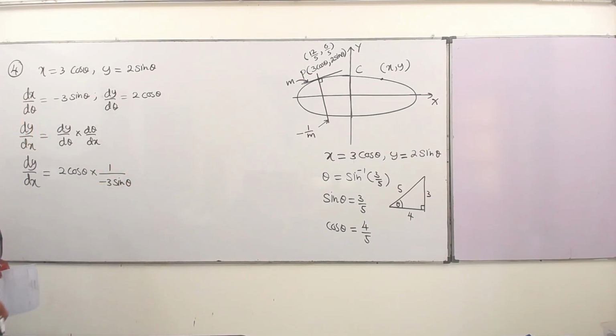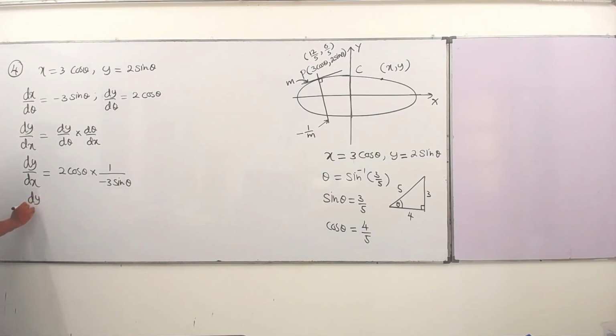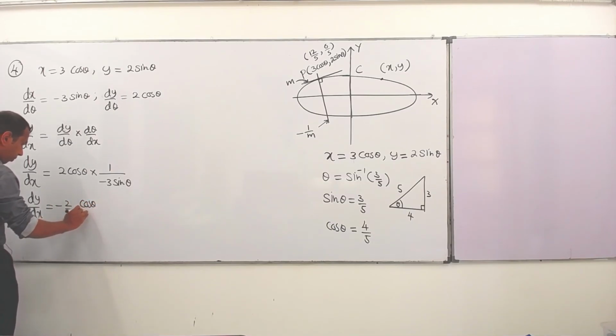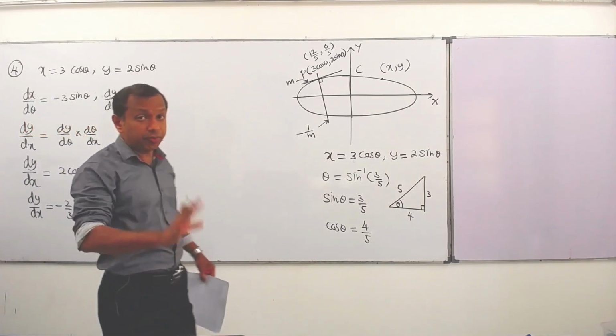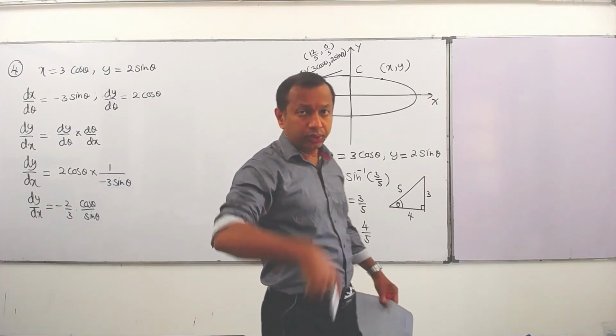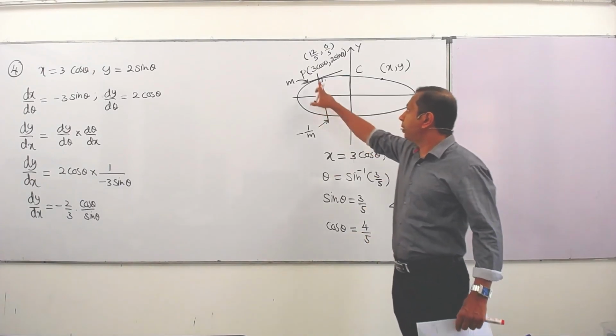Then we get dy by dx equals minus 2/3 cos theta by sin theta. This is the gradient at any point on the ellipse, but we need the gradient at the point P.